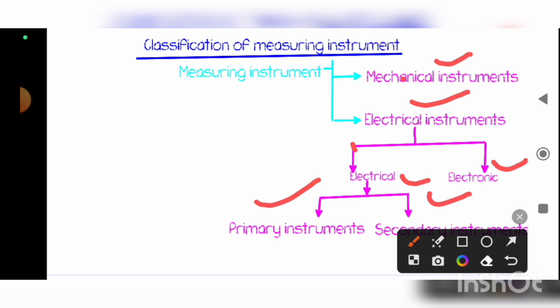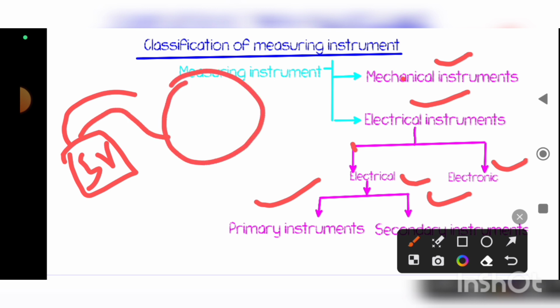Then the secondary instrument. What do you mean by the secondary instrument? The instrument which gives the measured quantity in terms of deflection of the pointer on a calibrated scale is called a secondary instrument. It means if this is a battery with 5 volt inside, it will be measured by a voltmeter. In this voltmeter there is a scale and a pointer, a calibrated scale, 1, 2, 3, 4.